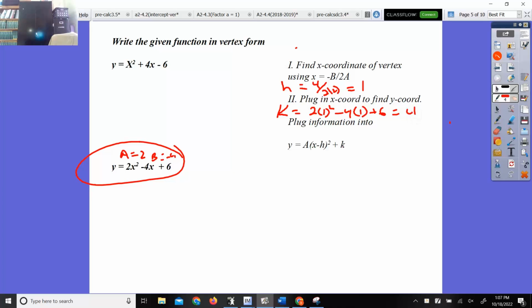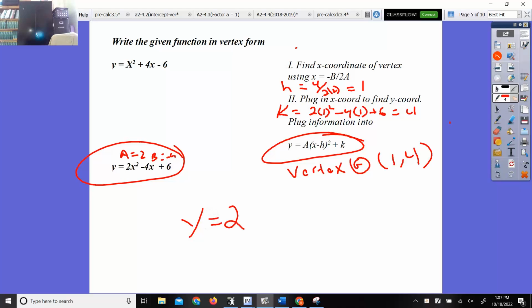All right, so what you guys just learned is that your vertex is at 1, 4. You got this nice, cool little equation you can plug into. What's a? 2. That's actually the very first thing we figured out, wasn't it? If it was 2 up there, it's going to be 2 here.